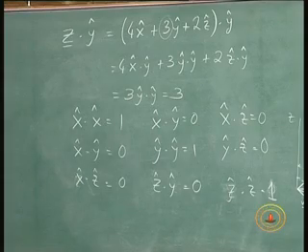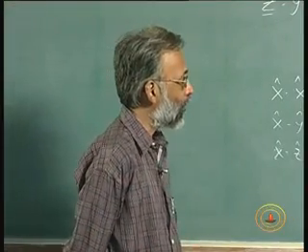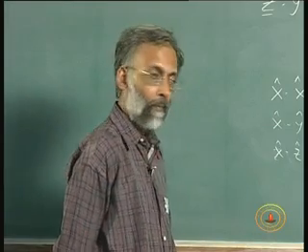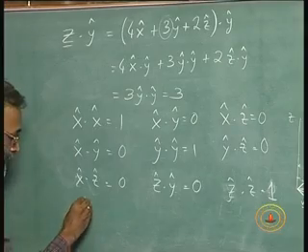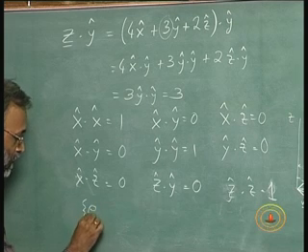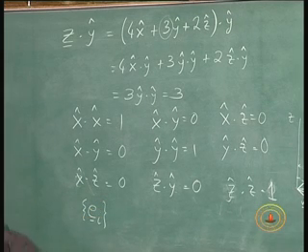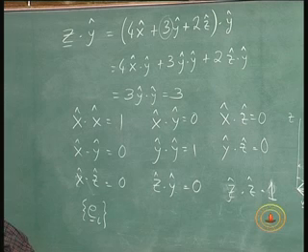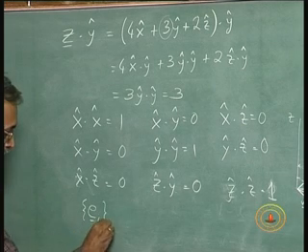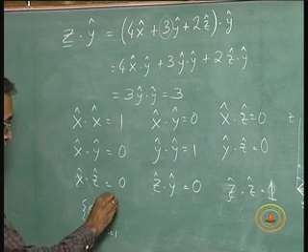This is the general property of an orthonormal system. So, if I have a system consisting of vectors e_i and I want to say they are orthonormal, so I will go from 1 to, let us say, n.